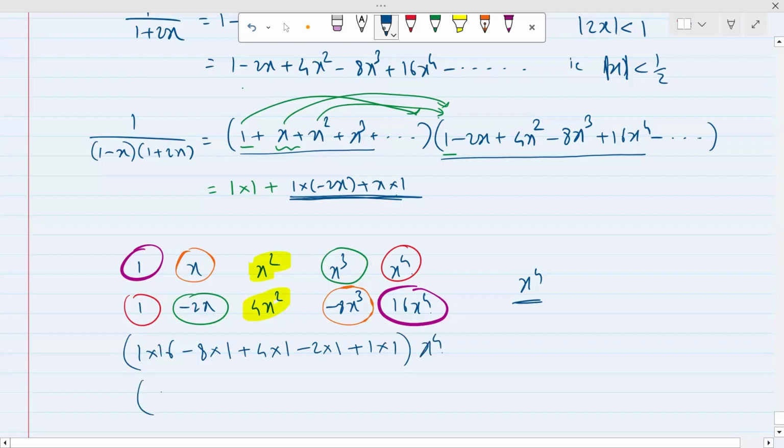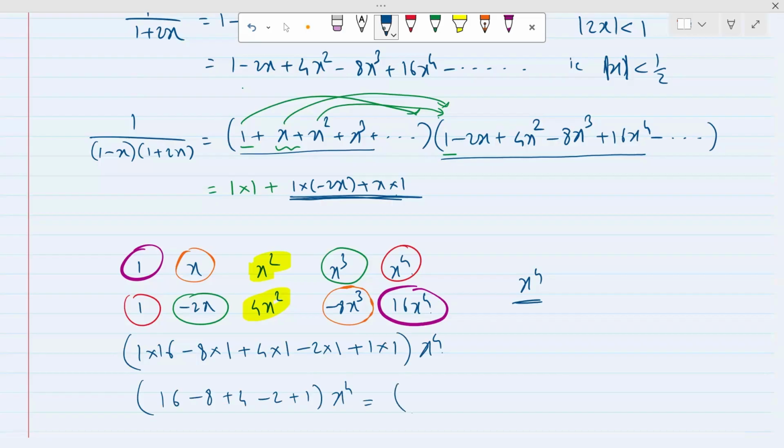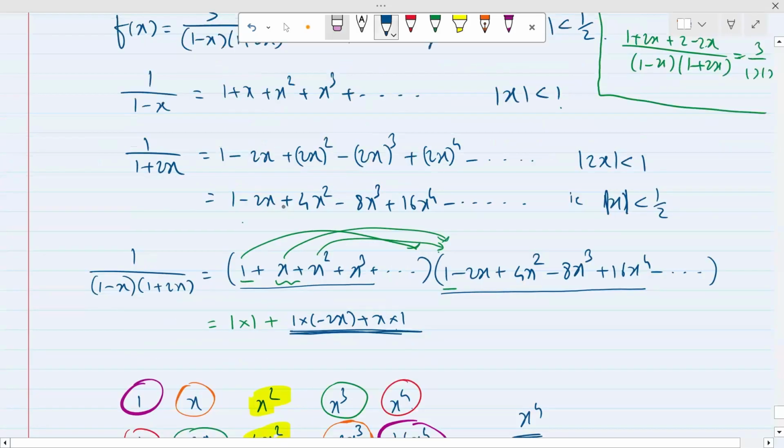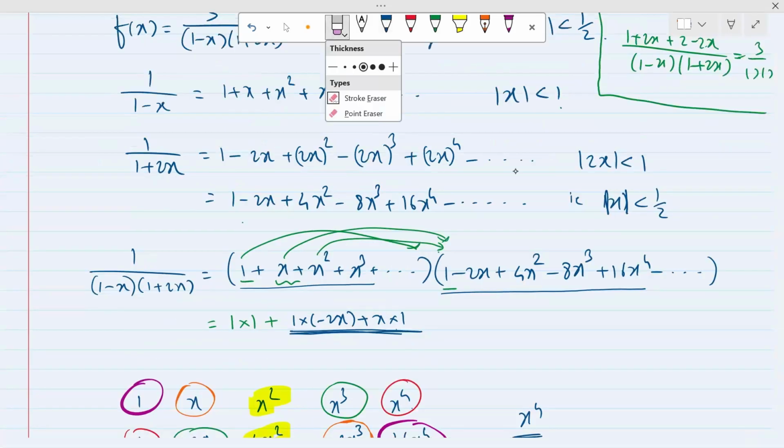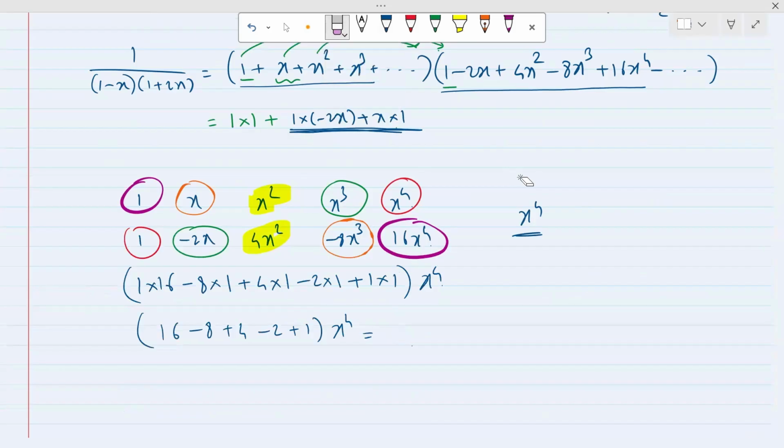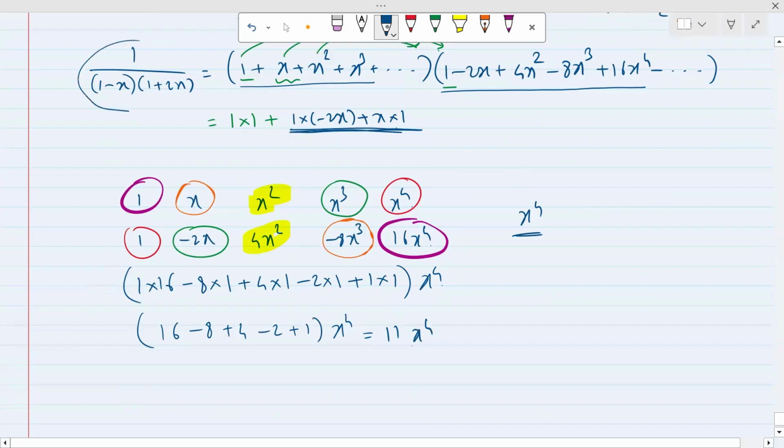So how much is it? 16 minus 8 plus 4 minus 2 plus 1, that is 11. So it is 11x raised to 4. This is what we have got in this expansion.